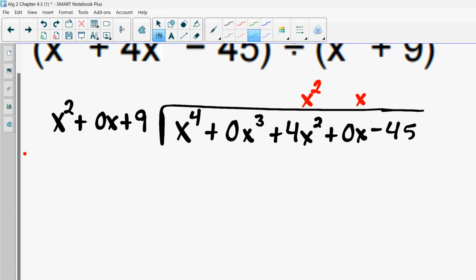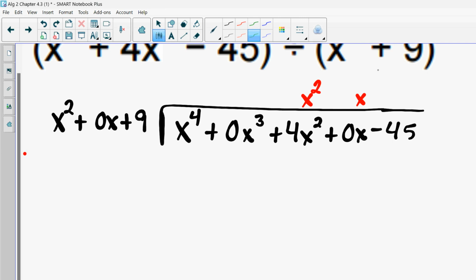X squared times x squared is x to the 4th plus 0x cubed. Because anything times 0, we're used to just making it 0 and writing it off. But here, we still need it with how we're working these. It's going to end up being inconsequential in the end, but it's still good to have it there.